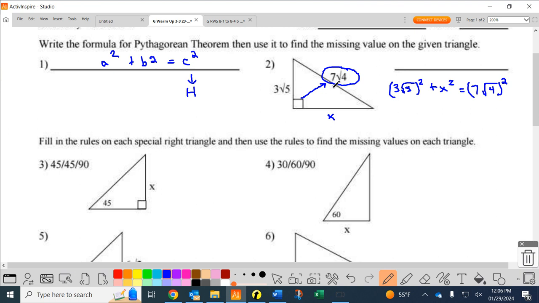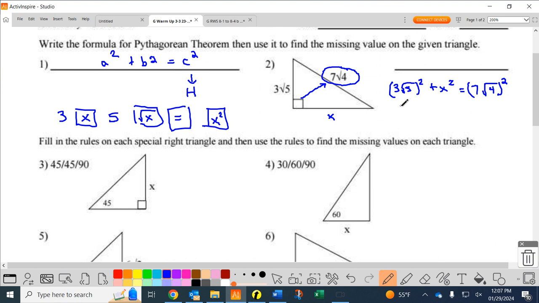Okay, grab your calculators. Let's type this. Keystroke wise, I'm going to write it up here just so you see for this first one. 3 times 5 square root, equals, and then you are going to square it. Try typing that, see what you get. What's that give you guys? 45?